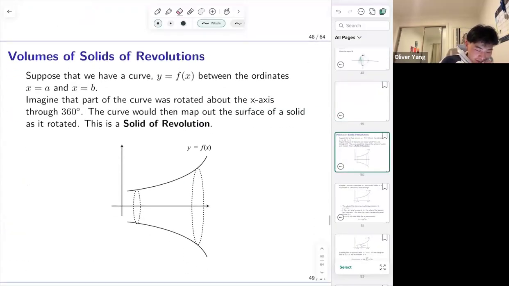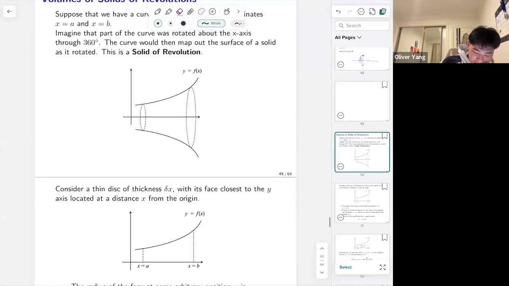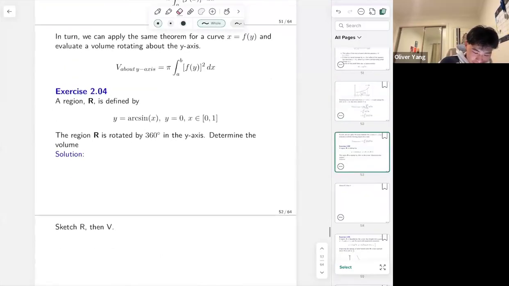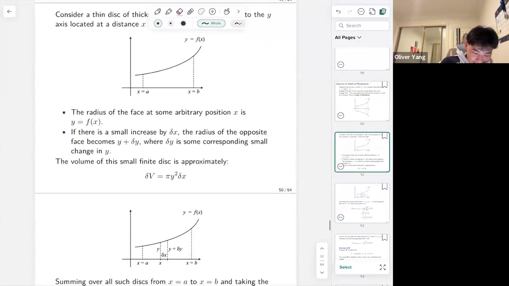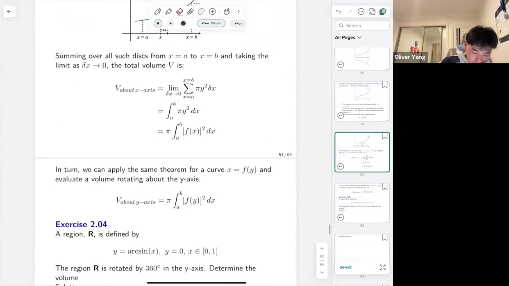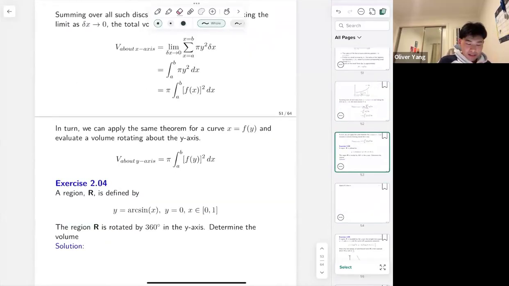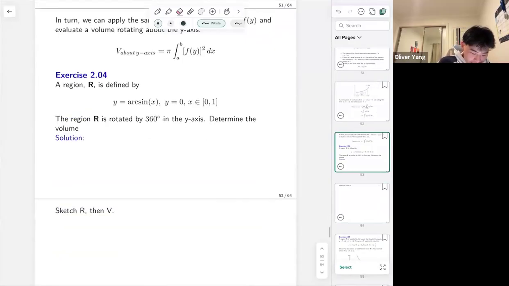Okay, volume of solids of revolution. Here's the proof, so we're just going to skip that, because you guys should know how to do this by now. So we get this first one.